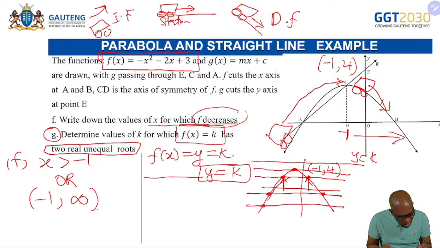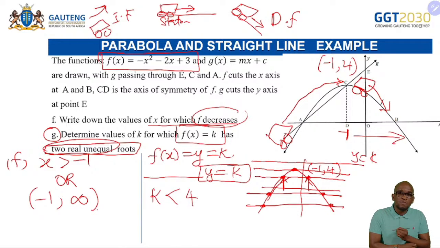So as the line moves below the turning point, it has two real but unequal roots. So it happens when k is just below the y value of the turning point.